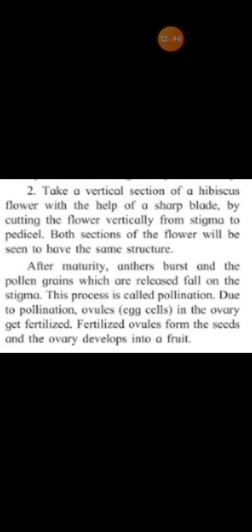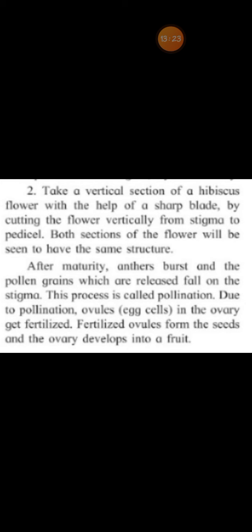Now, after maturity, the anthers burst and pollen grains which are released fall on the stigma, and this process is called pollination. Okay, children, what do you understand by the word pollination?